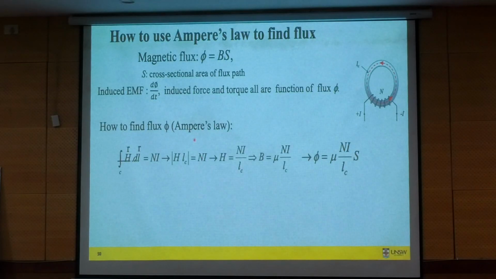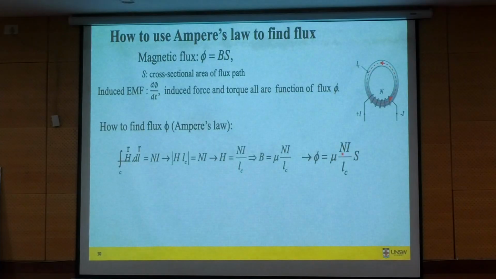This Ni is known as MMF, magnetomotive force, which forces the flux to pass through. And if we express this in terms of flux, then flux becomes equal to mu Ni S over Lc. S is the cross-sectional area of the ring, Lc is the length, and mu is the permeability.